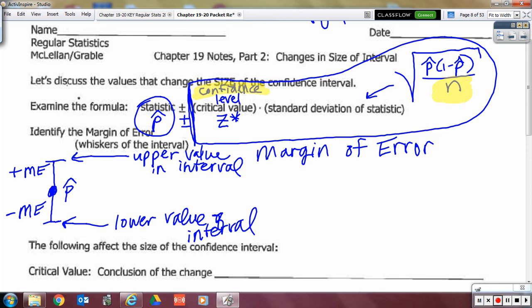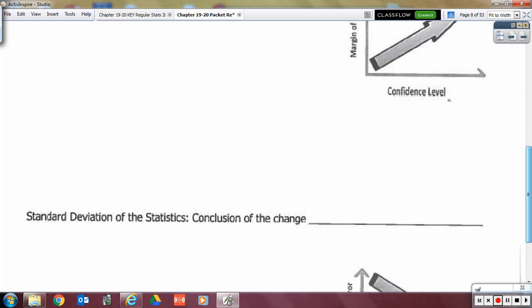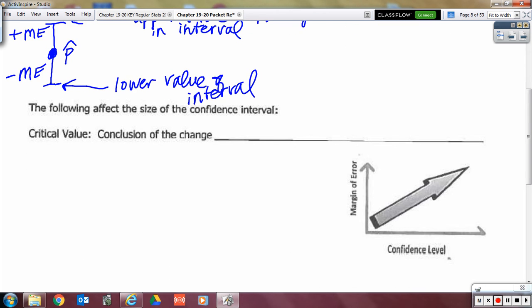The following affect the size of the confidence interval. You told me this earlier. Critical value and the standard deviation. More specifically, me telling you how confident you are to be. So confidence level affects your critical value. What letter do we represent critical value with? Z star. Very good. So our Z star.